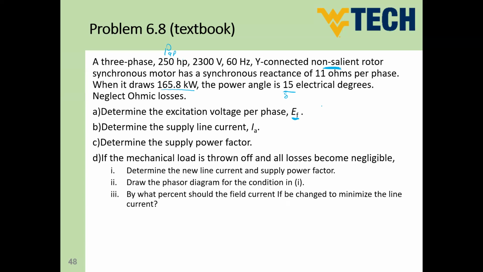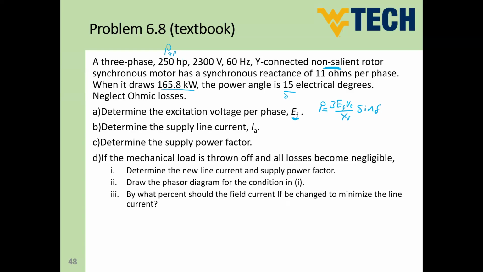So you know that power equals 3 EF VT divide XS sine delta. So we have the power, we have the terminal volt, we have XS, we have delta, so we can calculate EF.